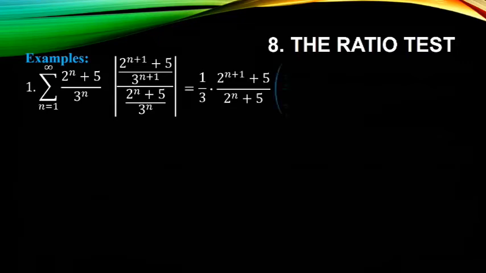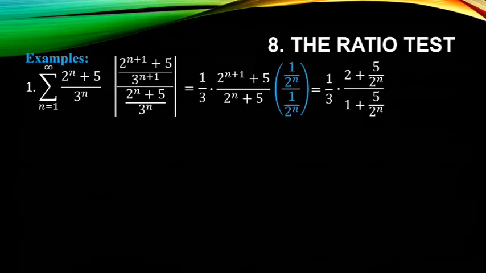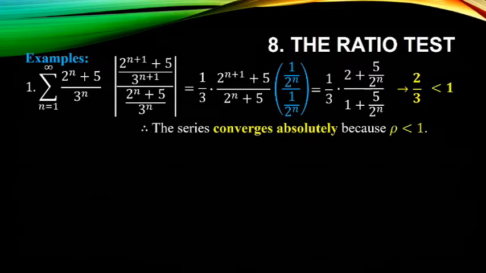Now let's multiply all terms by 1 over 2 raised to n, both numerator and denominator. This becomes 1 over 3 times (2 plus 5 over 2 raised to n) over (1 plus 5 over 2 raised to n). Taking the limit, this approaches 2/3 only, which is less than 1. So the series converges absolutely because rho, or the limit, is less than 1.